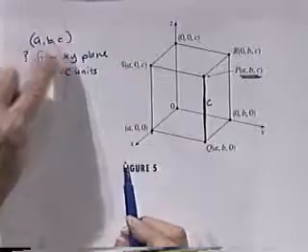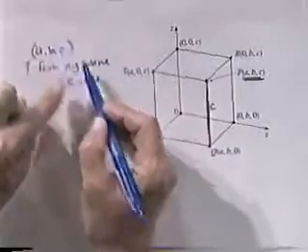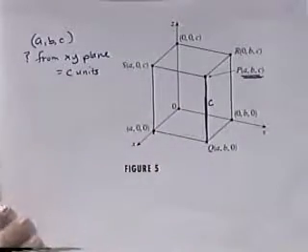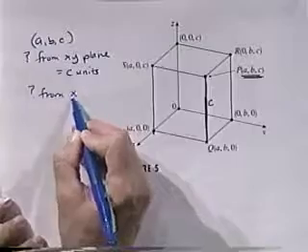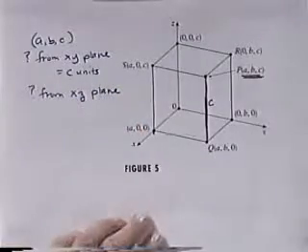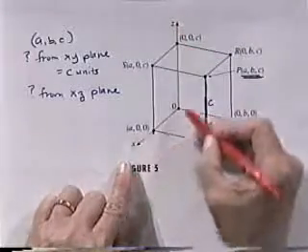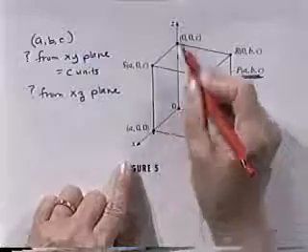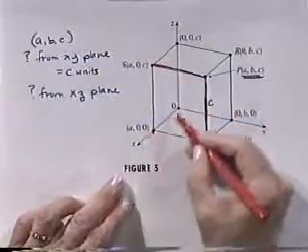Notice the xy plane, the z coordinate is C, and you're C units away from the xy plane. What if I want to know how far I am from the xz plane, which I was pointing to a few minutes ago? Here is the xz plane. Now if I want to know how far this point is to the xz plane, I'm going to drop a perpendicular over to that xz plane.